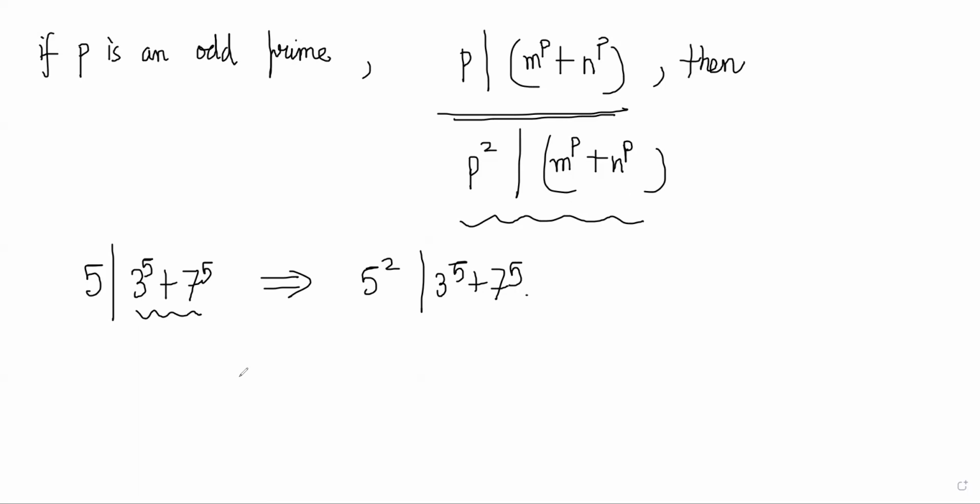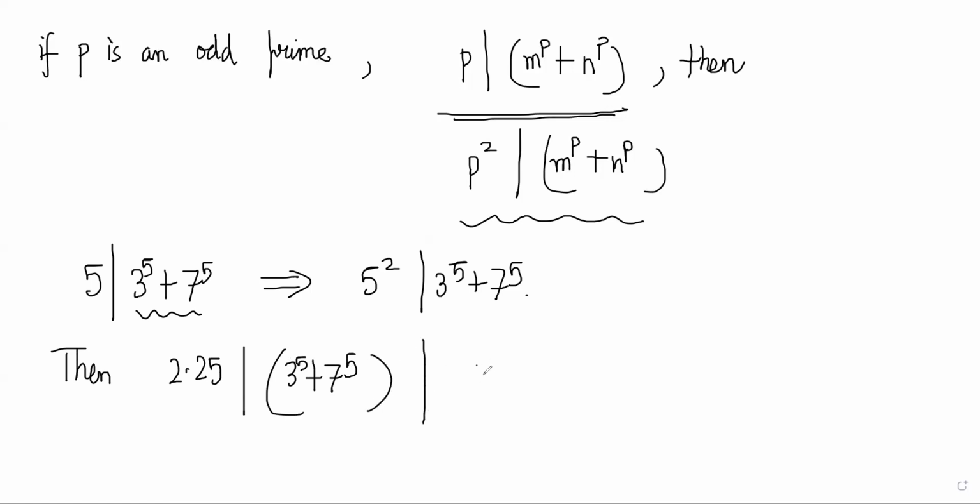And then you will have 2 into 25 divides 3 power 5 plus 7 power 5, which divides 3 power 2015 plus 7 power 2015. So ultimately you get 50 divides this.